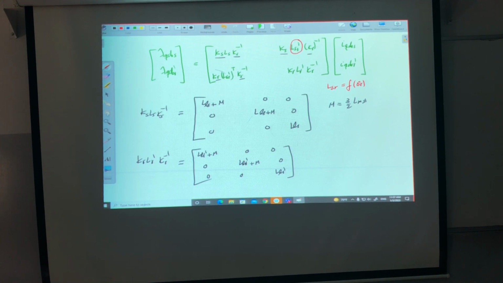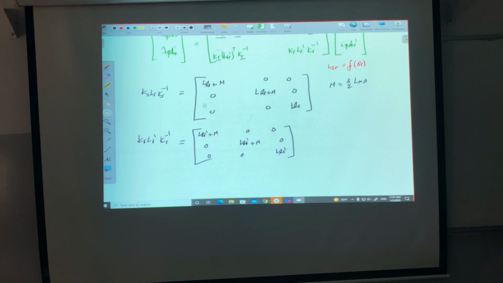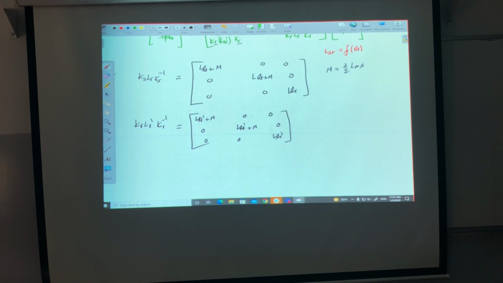Now let's see what will happen when we do the transformation. So if we do the transformation, let's assume that I will calculate KS LSR dash multiplied by KR inverse. If we do the math, this will equal to M, 0, 0, 0, M, 0, 0, 0, 0.